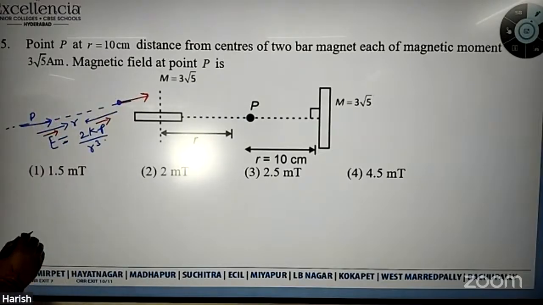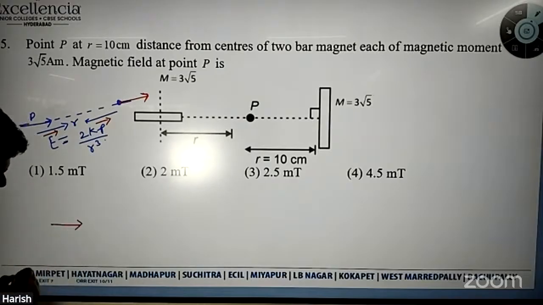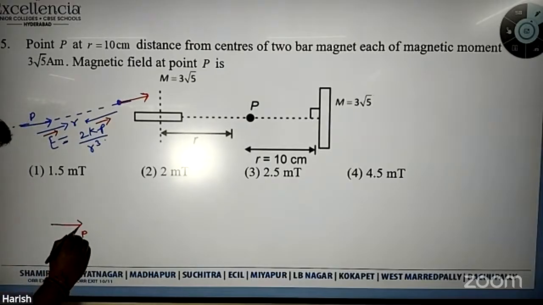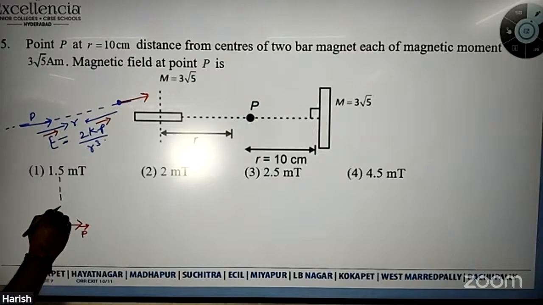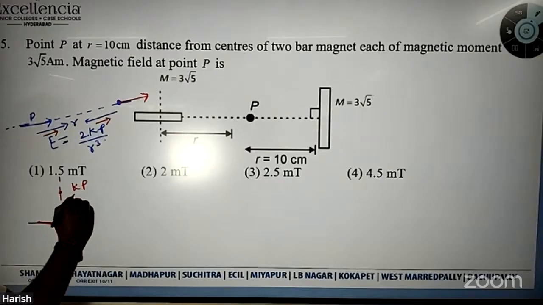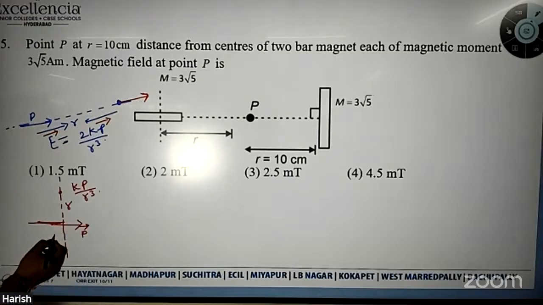Okay. Now, if you look at this dipole, whose dipole moment is P1, and we know this is called the equatorial line. Okay. Now, the electric field due to a dipole at a point on the equatorial line at distance r is given by kp by r cubed, and its direction will be opposite to the direction of the dipole moment. So the dipole moment is to the right side here.